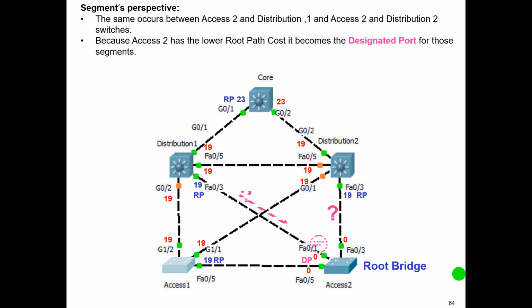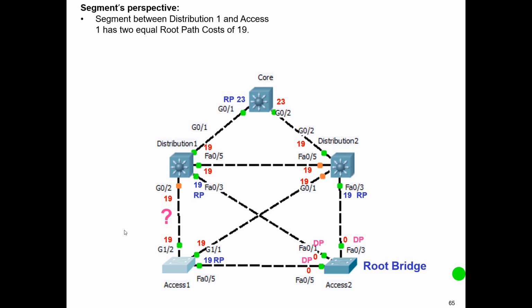So what about between distribution 1? Okay, that will be a designated port as well. Distribution 2, same thing. On a root bridge, all ports are going to be designated ports that connect to other switches. However, in other switches, non-root bridge switches, there will be one designated port.